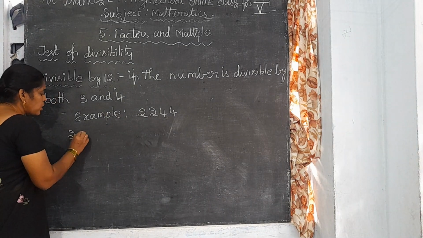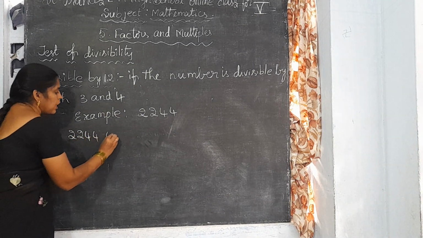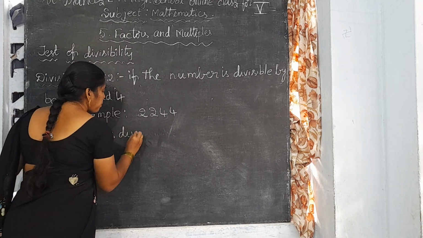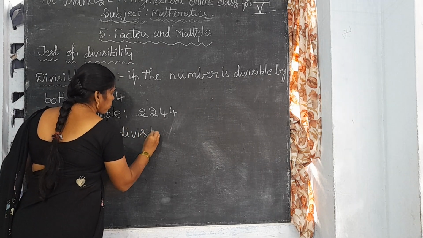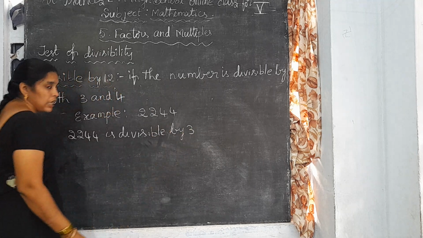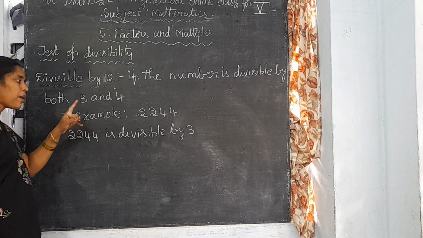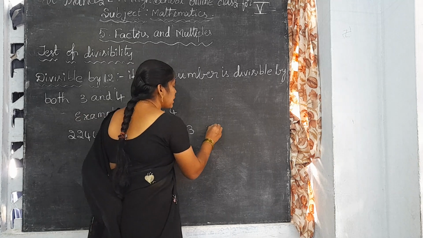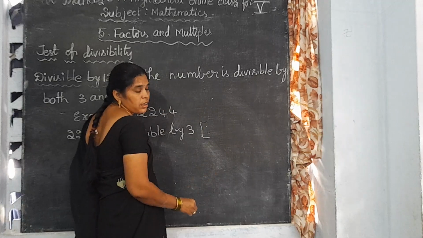See, 2244 is divisible by 3, because the sum of the digits in the number is divisible by 3.